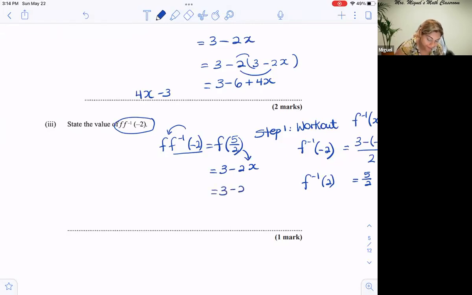You can put everything in the calculator and you will get the answer. Three minus 2 open bracket minus 5/2.